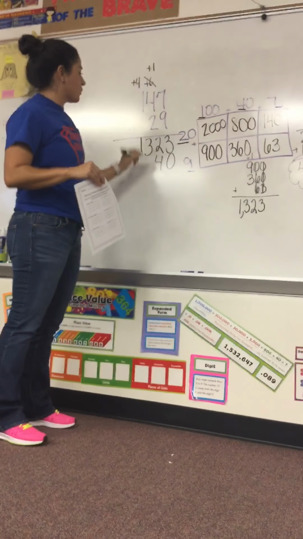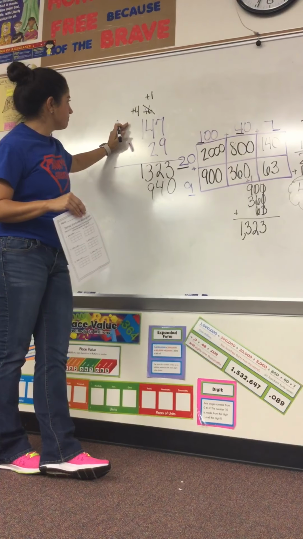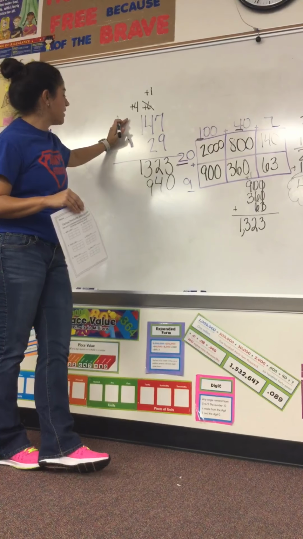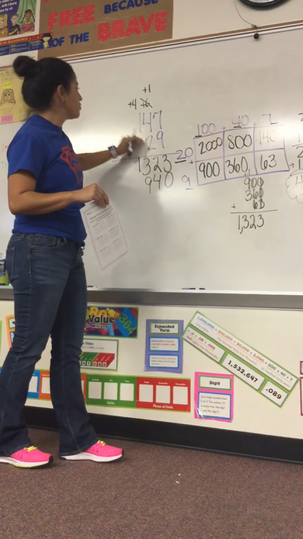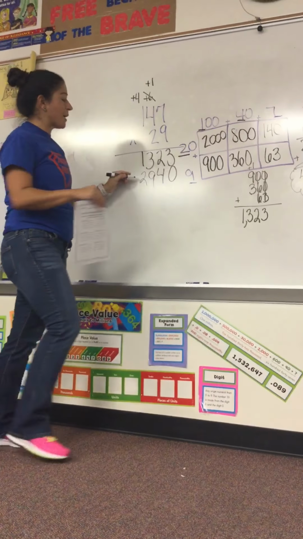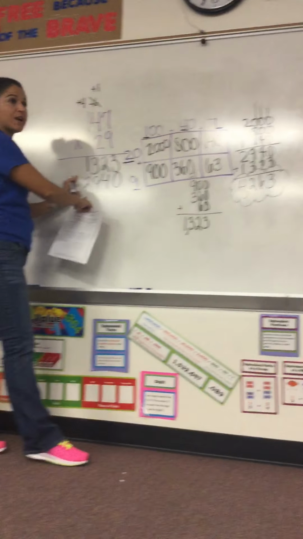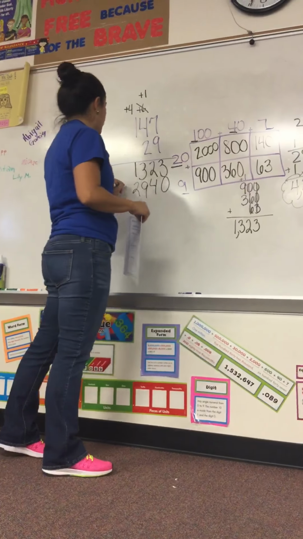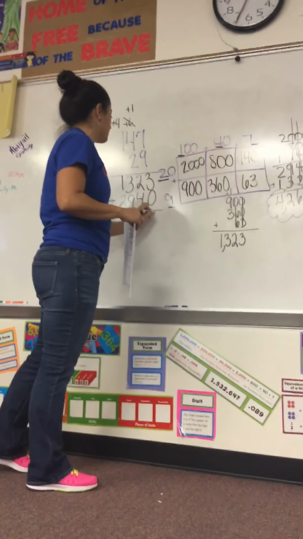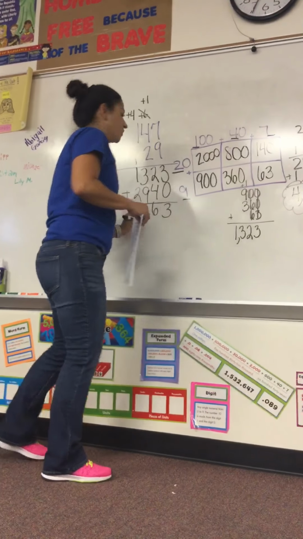That's 8 plus 1 is 9. And 2 times 1 is 2. And that's where my partial products again add up. 2,940, 2,940. Okay, and then I add my products again. 3, 6, 12, and 4.